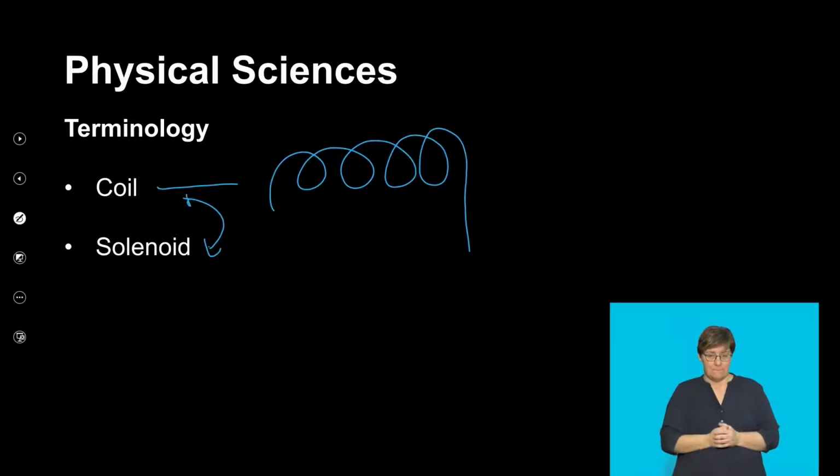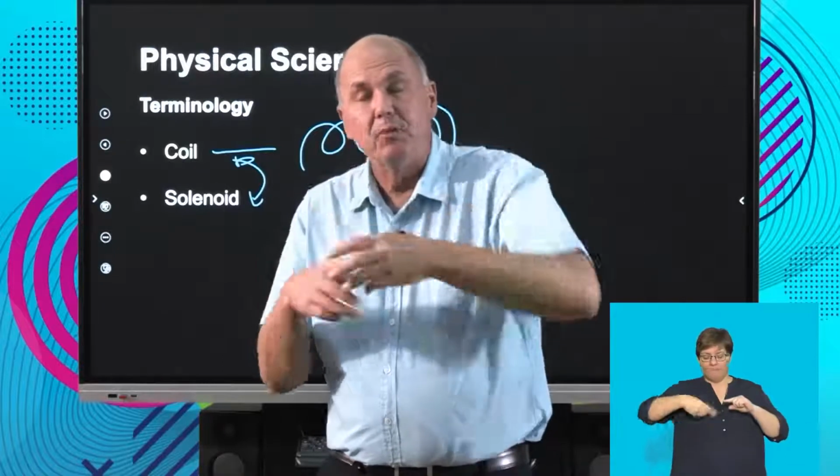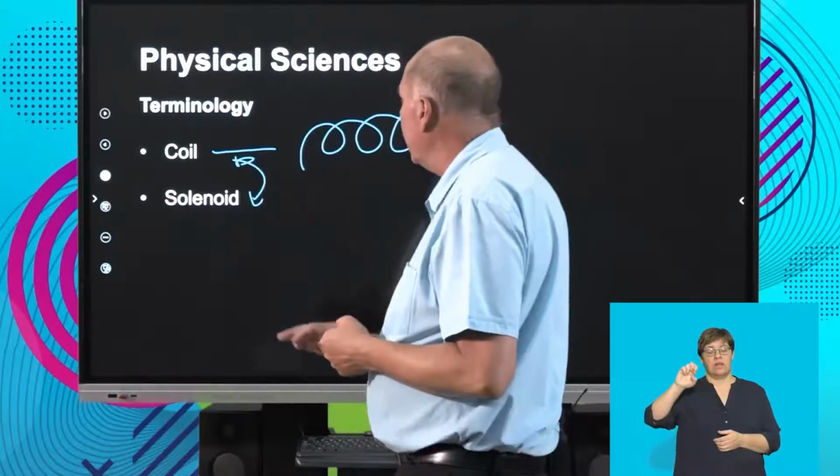They're used interchangeably. A solenoid is just wire that's been wrapped around an object. That object could be a piece of plastic, a piece of wood, it could even be an iron nail. And that would give you the idea of what a solenoid or coil is.